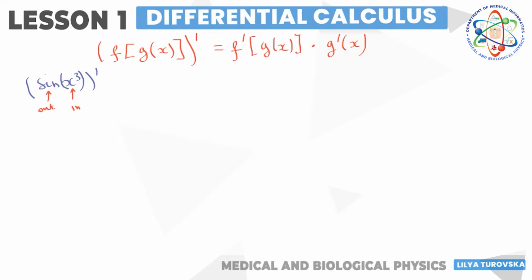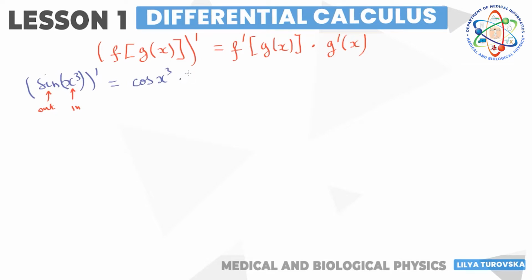How to find the derivative? According to the rule, the derivative of the outside function is the derivative of sine. The derivative of sine is cosine, but cosine of x cubed, because x cubed is the angle in this case, or generally it's the argument, and we cannot change it when we find the derivative. The function was sine of x cubed, and the derivative is cosine of the same argument, x cubed.